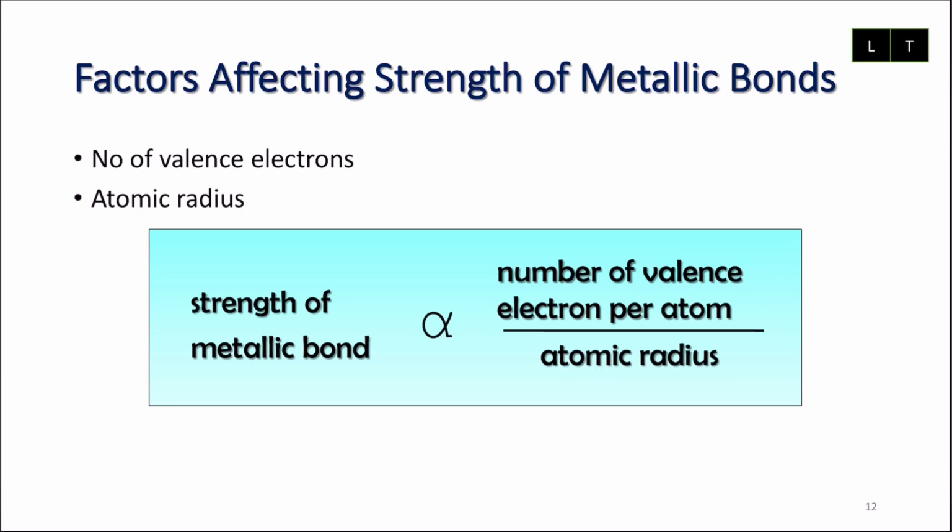So apa maksud dia? Sekiranya saya ada valence electron yang sangat banyak untuk spesifik atom, maknanya atomic radius dia akan berkurang. Okay? Ingat lagi awak ada pizzas, and after that strength of metallic bond akan bertambah. So itu adalah relationship between these 3 characteristic.